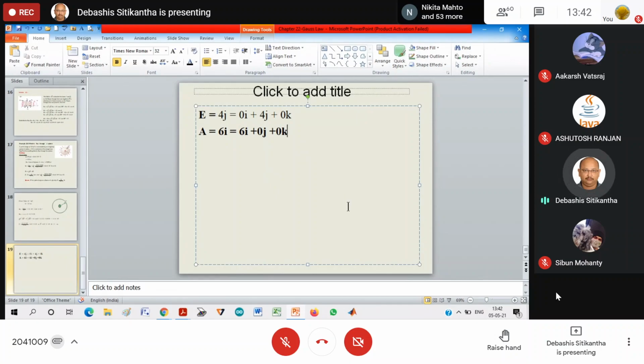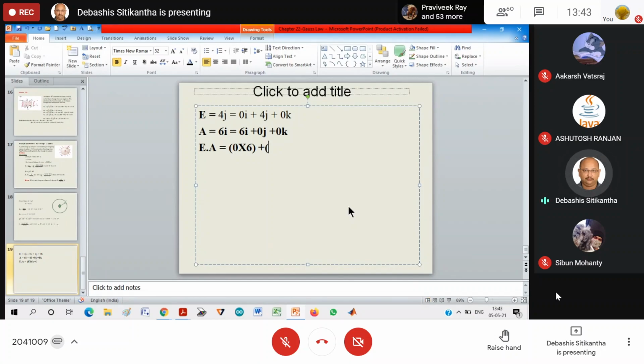Now, when we dot multiply them, E dot A, what we need to do is multiply term by term and add the coefficients of i, j, and k.